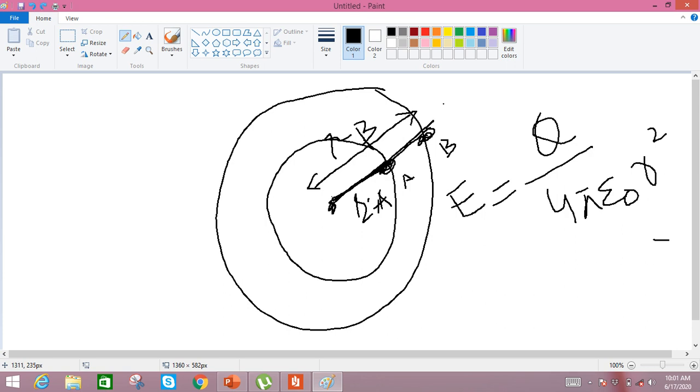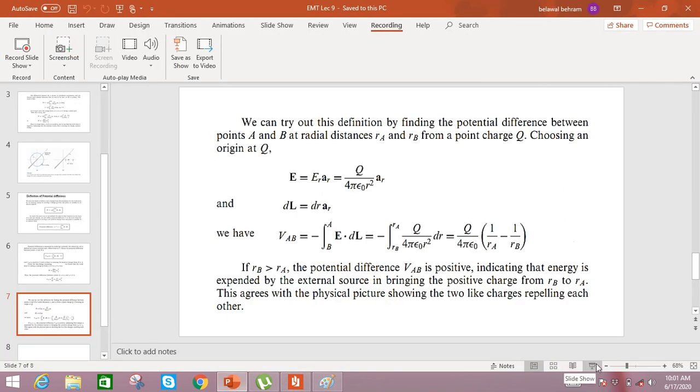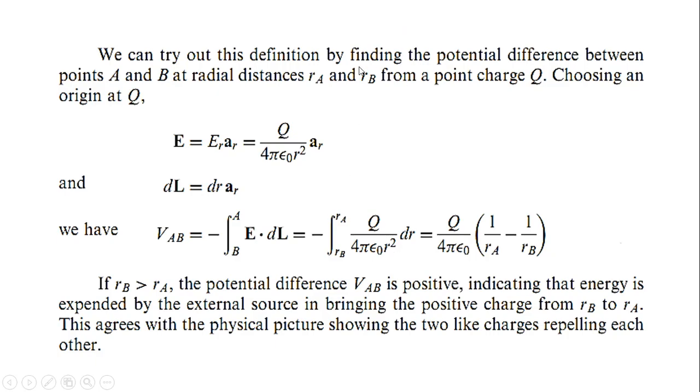Now let's calculate the potential difference between the points A and B. Choosing an origin at Q, E is equal to Q divided by 4 pi epsilon naught R square, and dl will be equal to dr a_r.